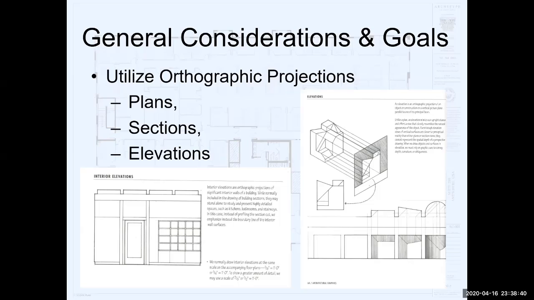Basically, we're working on not exterior work, but interior elevations. And so only certain parts of the drawing are represented, as opposed to a section drawing. We'll see that as we move into this information in more detail.